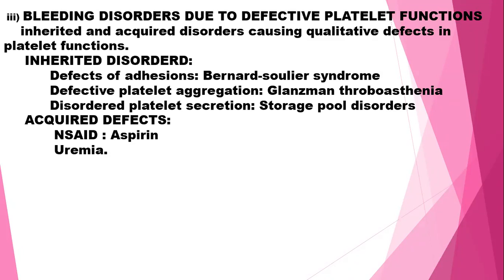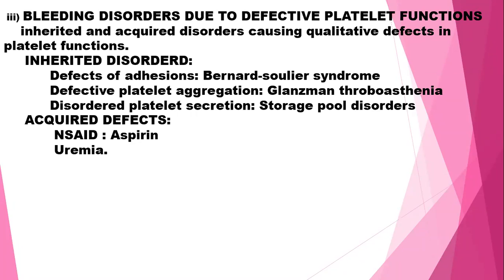The acquired defects result from prolonged use of non-steroidal anti-inflammatory drugs like aspirin. Aspirin is a strong inhibitor of the enzyme cyclooxygenase, which is required for the synthesis of thromboxane A2 and prostaglandins.